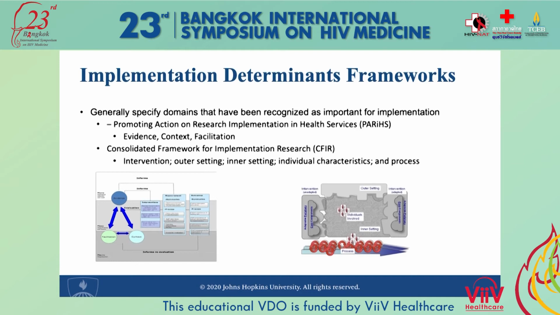So, for example, if you were to diagnose what is not working in your particular program serving adolescents either living with HIV or at risk for HIV, one can really diagnose: is it the providers, is there a challenge, are they not educated enough, are they not reimbursed enough, is it the clinic in which they're working, is it the actual intervention, is it how they're messaging it?